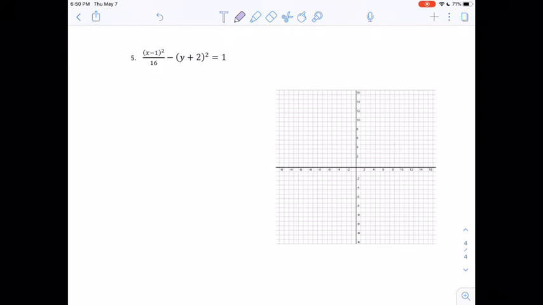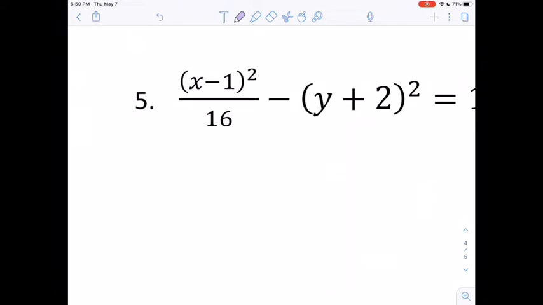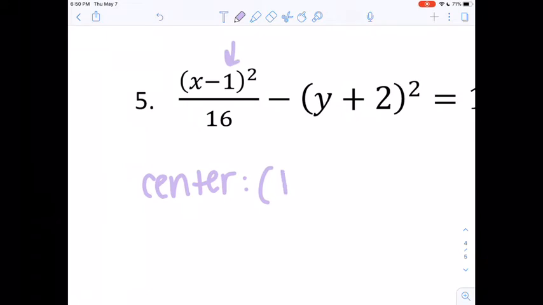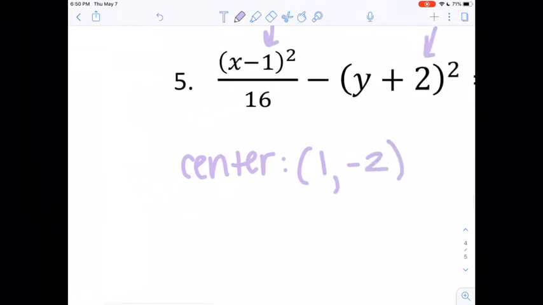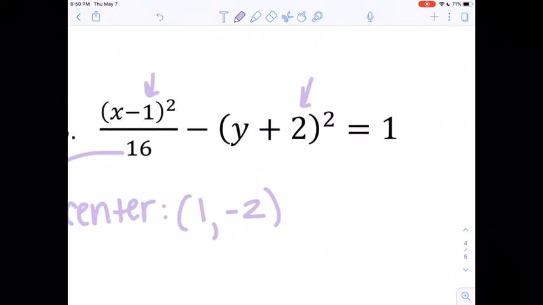Okay, last one, number 5. My center is at 1, -2. Now this may look confusing, but it's pretty easy. I know that my A is going to be 4, and when you first see this, you may think, well, how am I going to move along the y-axis?